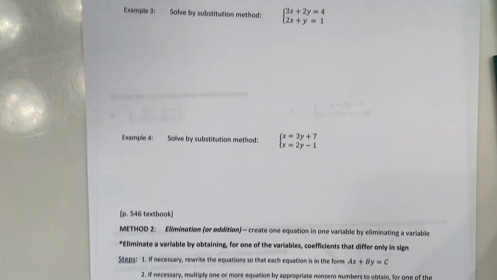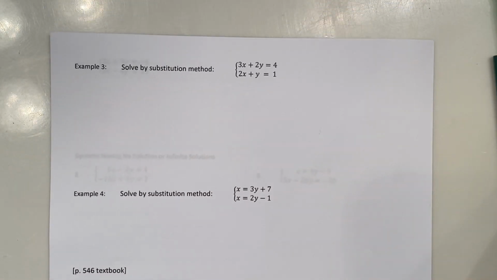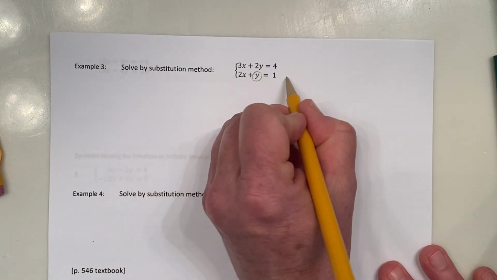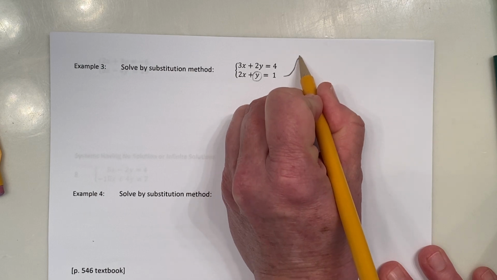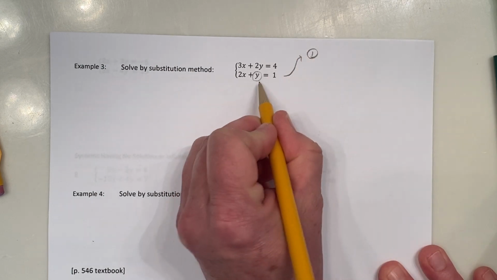All right, so for example 3, again, let's solve by the substitution method. Step 1 had us choose one of the equations and solve for x or y. I see in the second equation that y has a coefficient of 1. So in step 1, I'm going to solve for y.